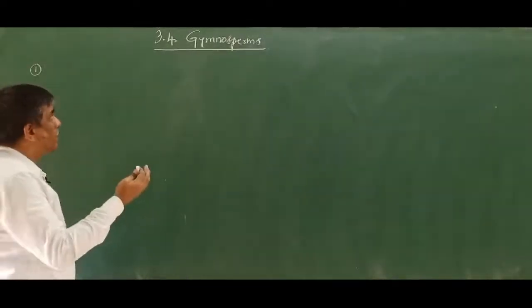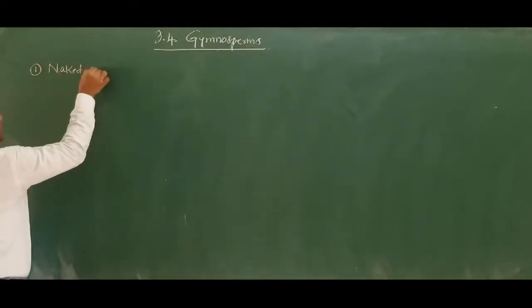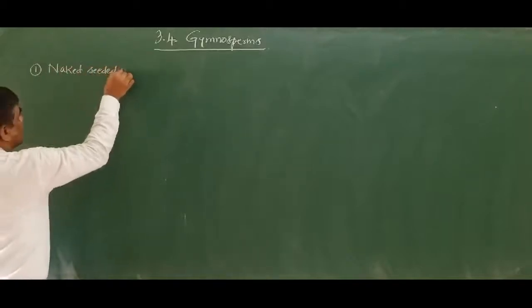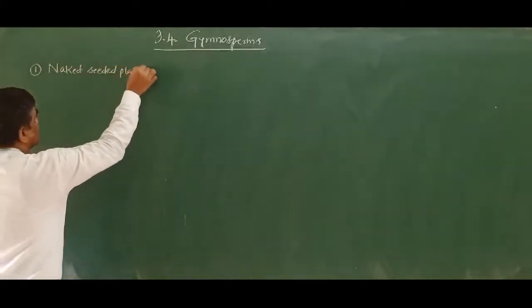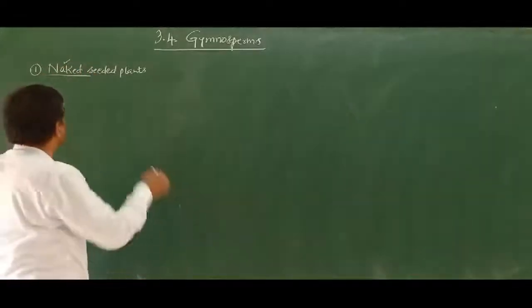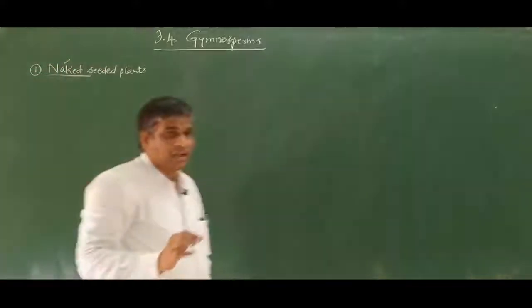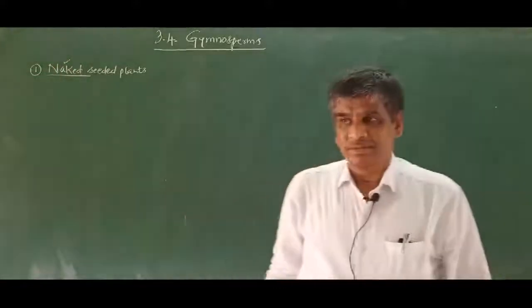These plants are commonly known as naked seeded plants. So we can generally call them by this word. What is the meaning of this naked seed? These plants have a naked seed.